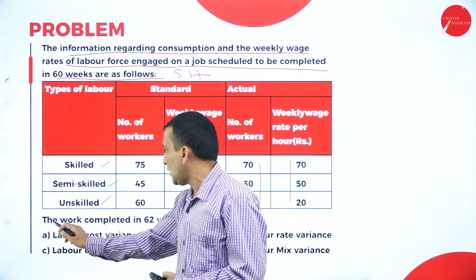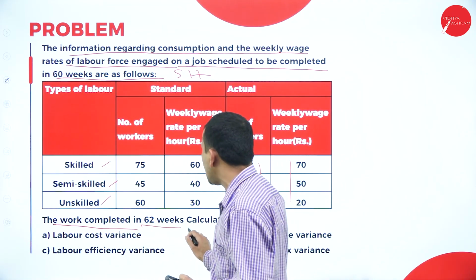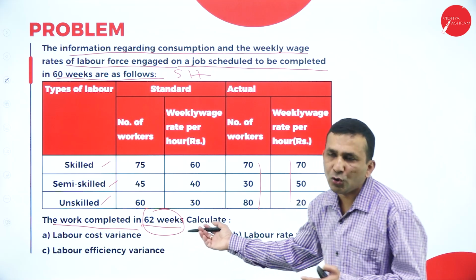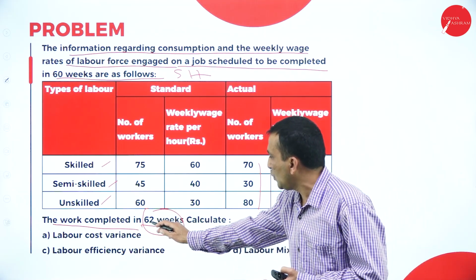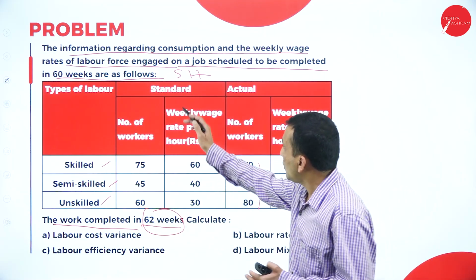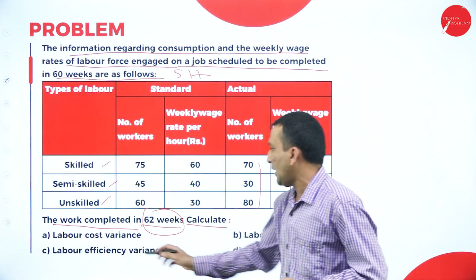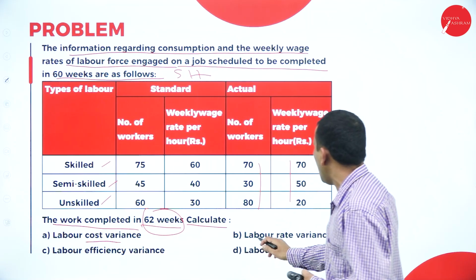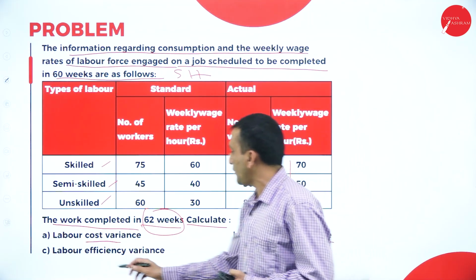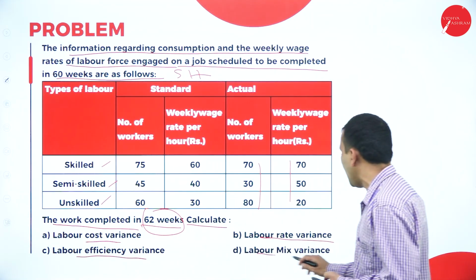The work is completed in 62 weeks, which is the actual hours, so here 60 is the standard hours. So calculate labor cost variance, labor rate variance, labor efficiency variance and labor mix variance.